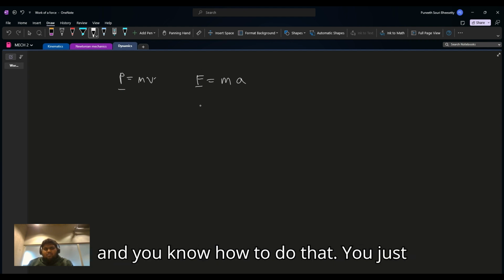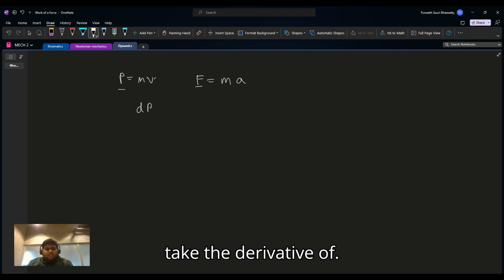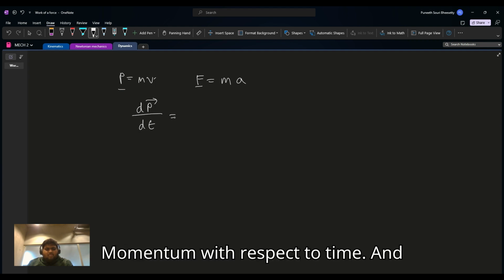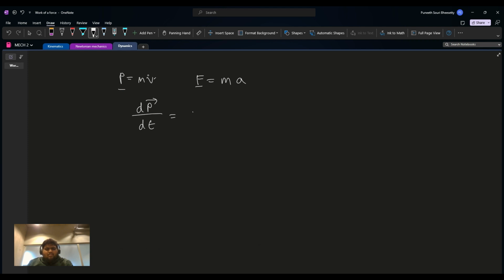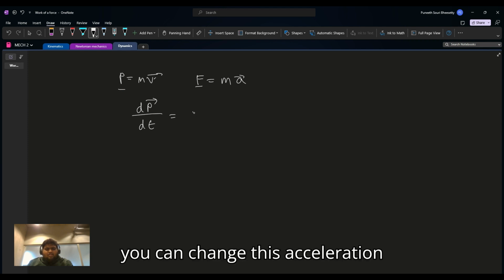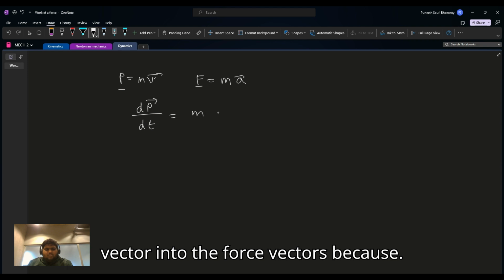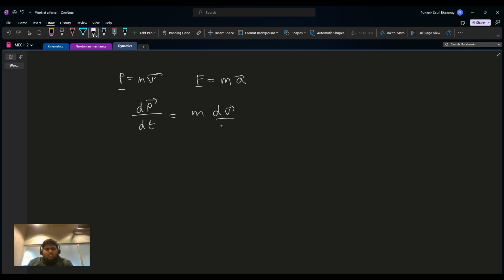And you know how to do that. You just take the derivative of momentum with respect to time, and you can change this acceleration vector into the force vector, because dv by dt is essentially acceleration.